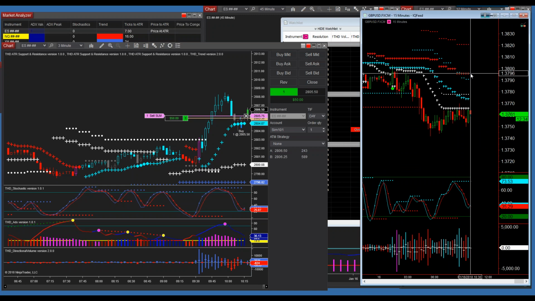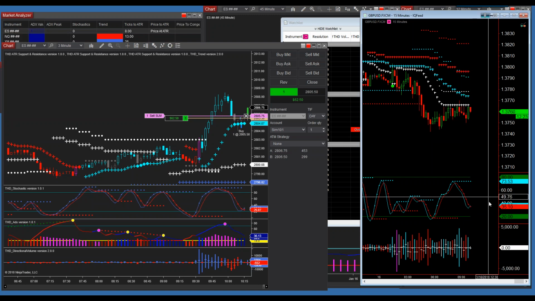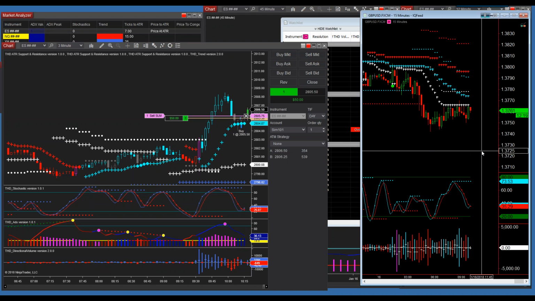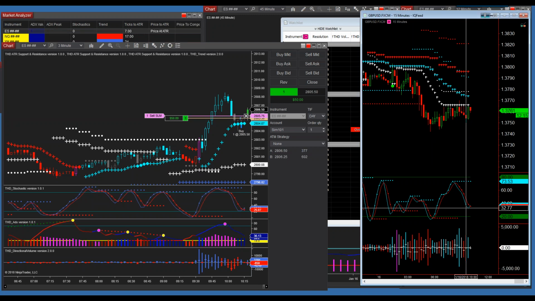In other words, you have the trade alignment, but the stochastics here is not confirming this trade because remember, you're trying to go short, okay? The stochastics is turning to the upside. Do you really want to go short with the stochastics turning to the upside? I don't.